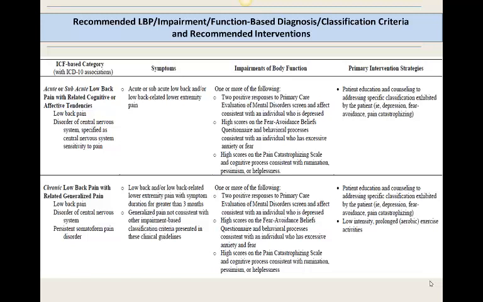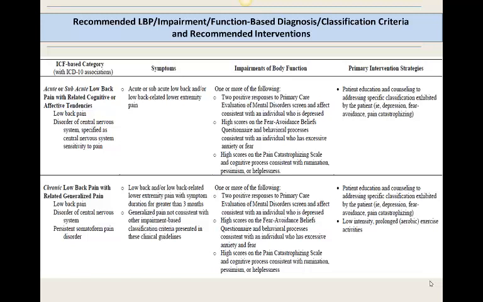These patients may have positive mental disorder screens, such as higher scores on the fear avoidance beliefs or high scores on the pain catastrophizing scale. They may also have signs and symptoms of depression. These patients really need patient education and counseling, whether that be by the physical therapist or by professional psychologists.